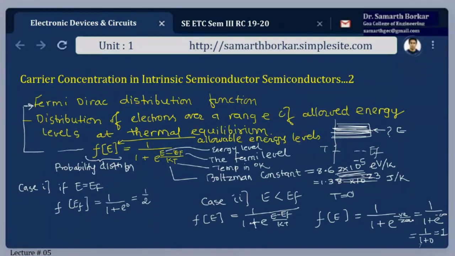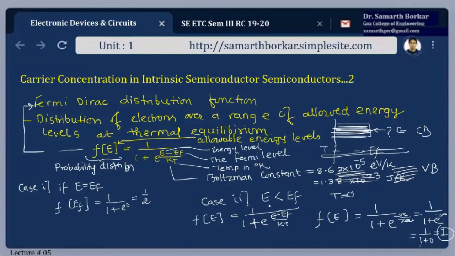Now, how are we going to interpret this value of 1? Try to understand. If the energy level is less than EF, where is EF? Here in the center. Now your energy levels are below it: here is the conduction band, and here we have the valence band.